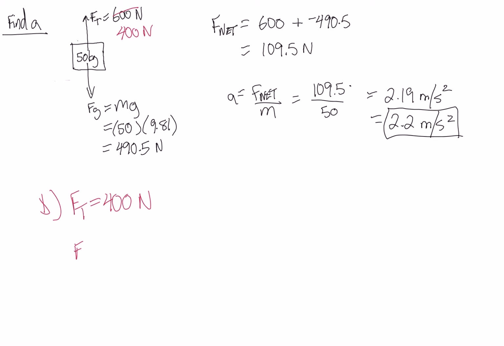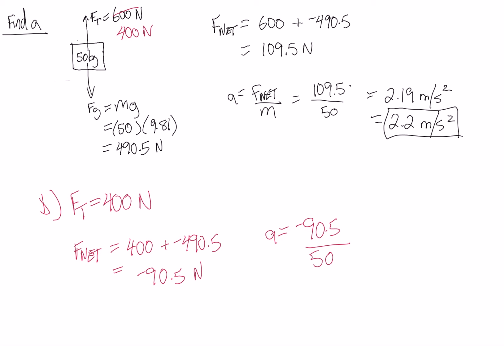Well, our net force will be 400 plus negative 490.5. So now our net force is going to be negative 90.5. So that means our acceleration will be negative 90.5 divided by 50, which will equal negative 1.8 if we round it to 2 sig digs.